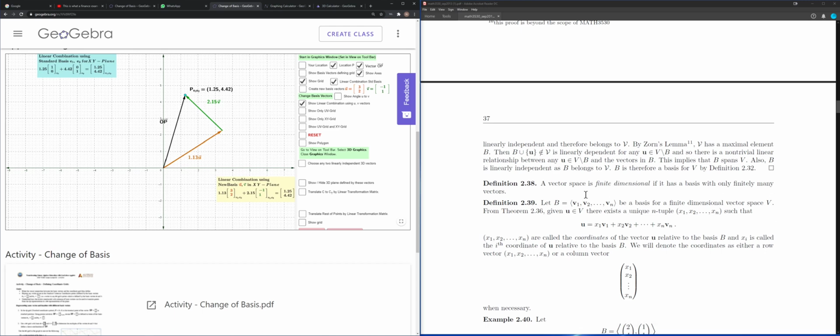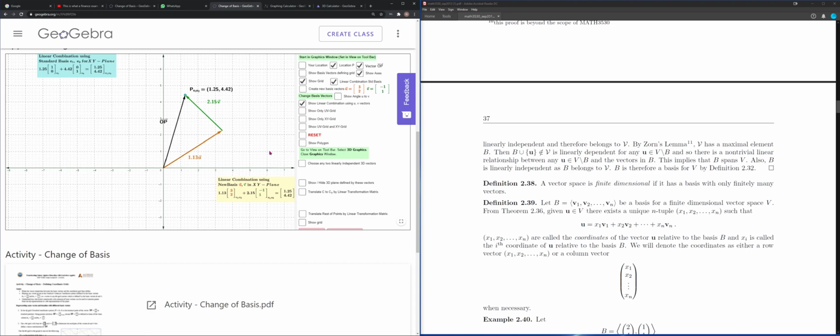Okay, so let's see the definition of coordinates. Coordinates are with respect to a basis. So I have a finite dimensional vector space, and most of the vector spaces that we will look at in this class are finite dimensional. In other words, a basis for your vector space is only going to have a finite number of elements.